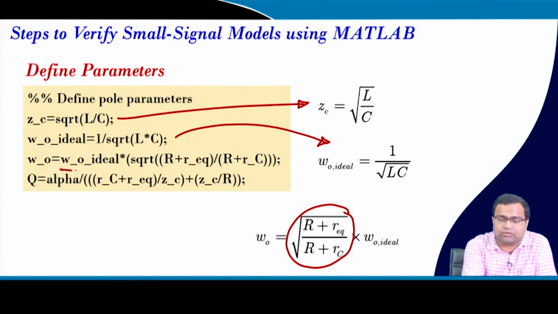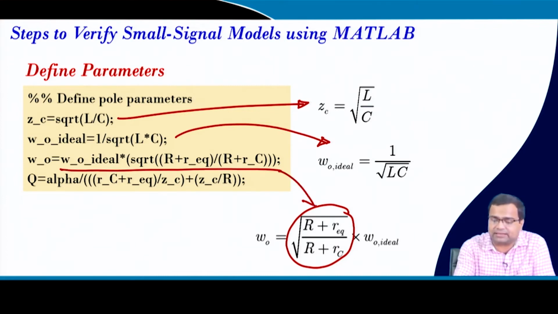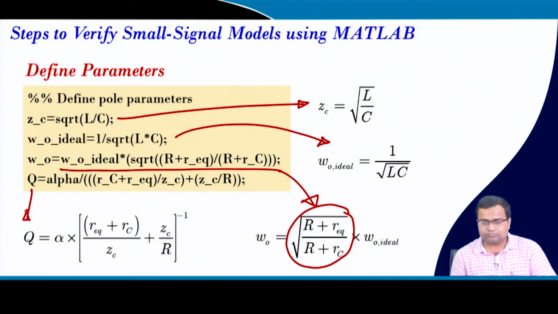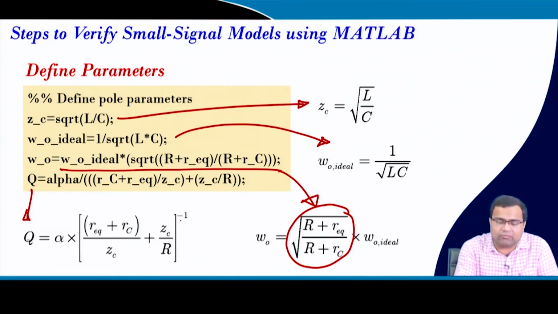So, this whole line is here, and finally we have to obtain the Q, which is nothing but here. So, the Q is alpha, 1 divided by, with a minus 1 sign.